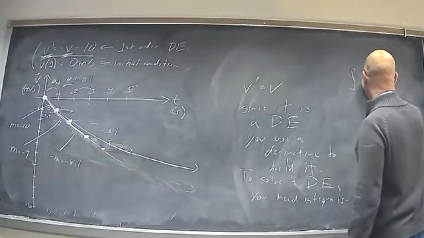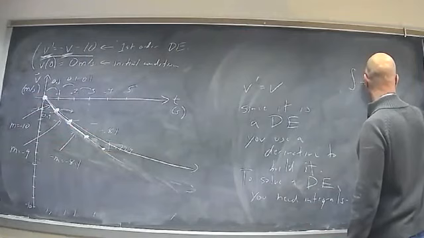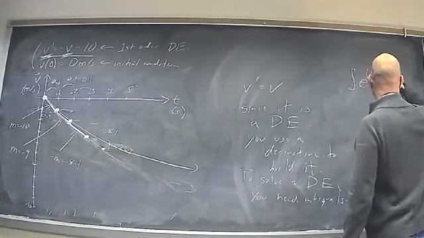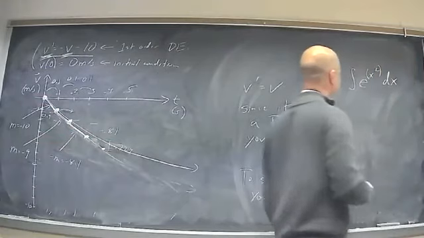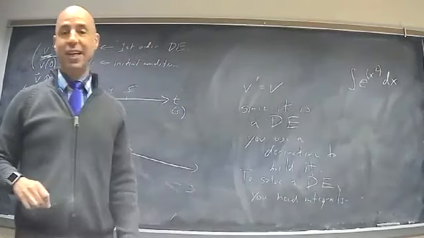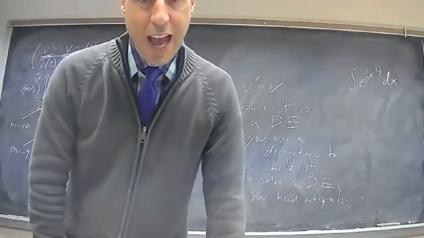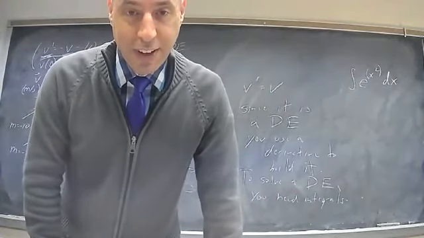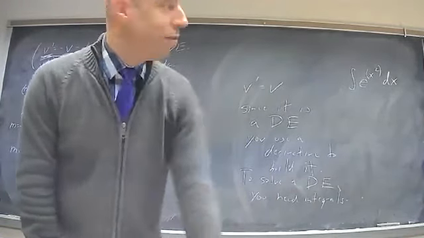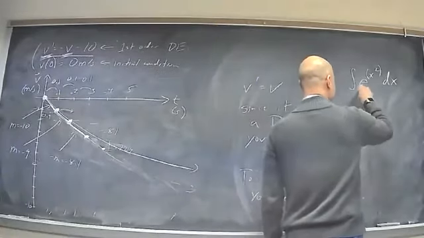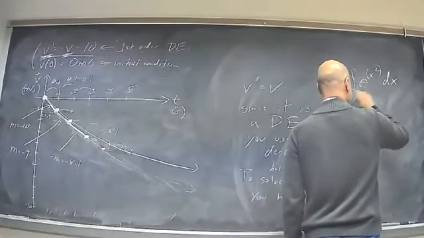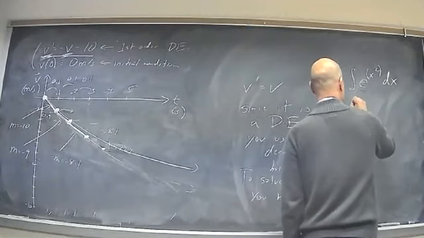One of the easiest ones, one of the first ones you ever see, is e to the x squared. It's a perfectly nice function, and it has a perfectly nice integral. But the antiderivative of this cannot be written down in terms of anything you would recognize.